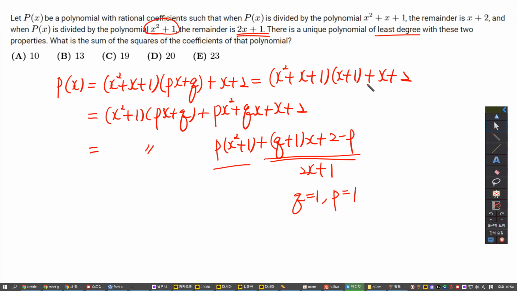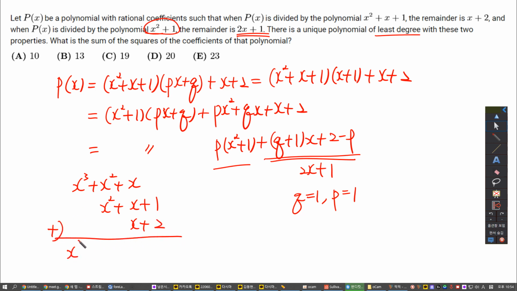So when you open this parenthesis, the total expression is, so this is p of x.